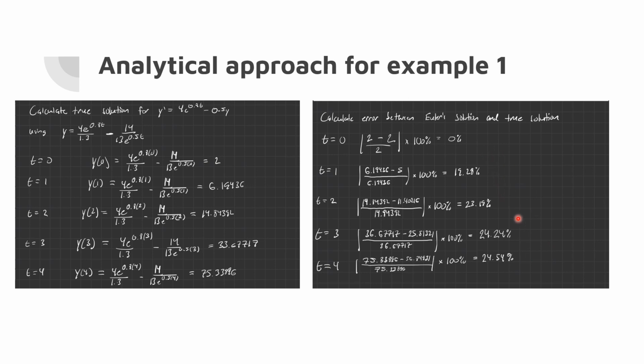And as you can see, there's actually quite a bit of error here. And so that could be something to consider when deciding whether or not to use Euler's method or the analytical approach. But in some situations, you are given a differential equation that it is not possible to solve analytically, so the only option is to use Euler's method.